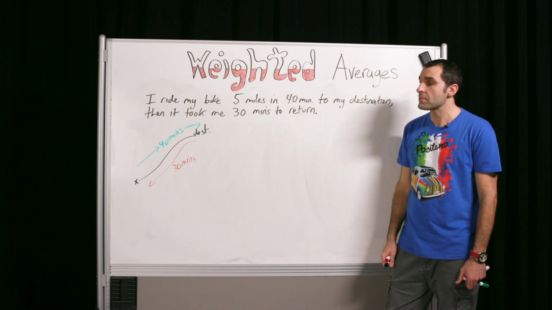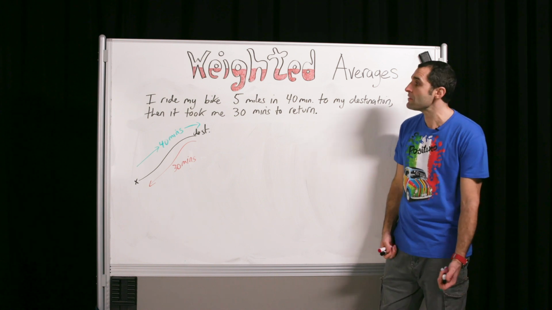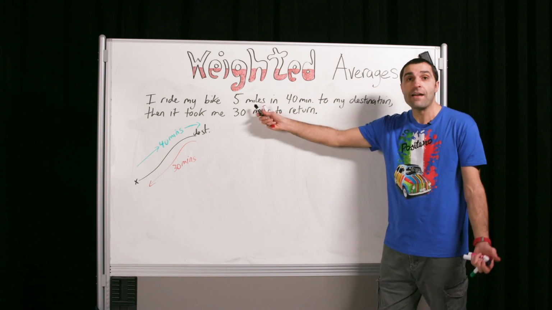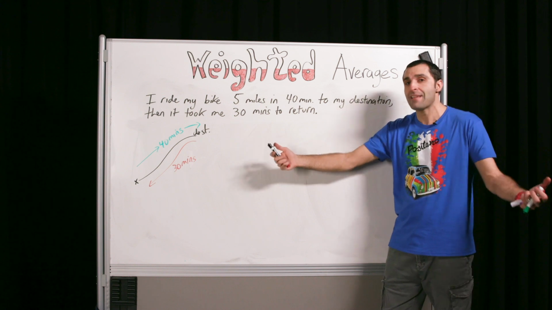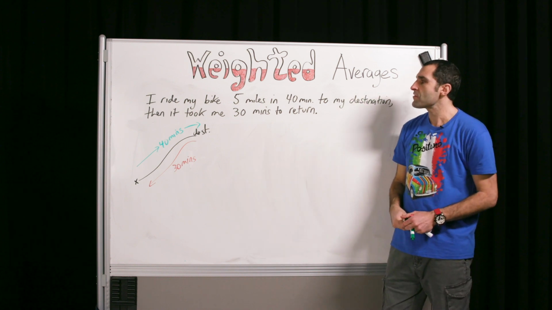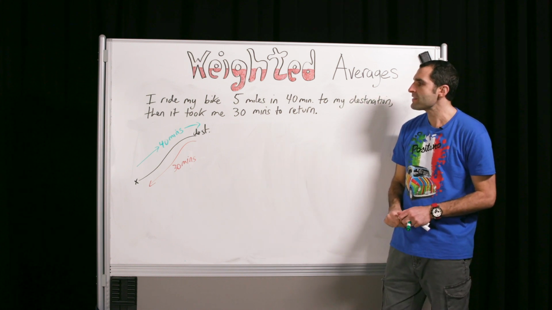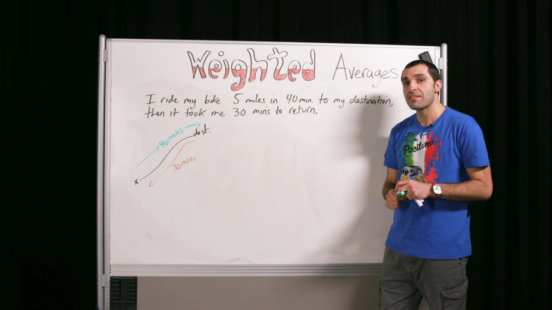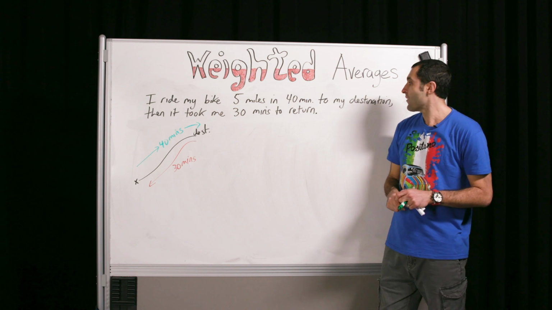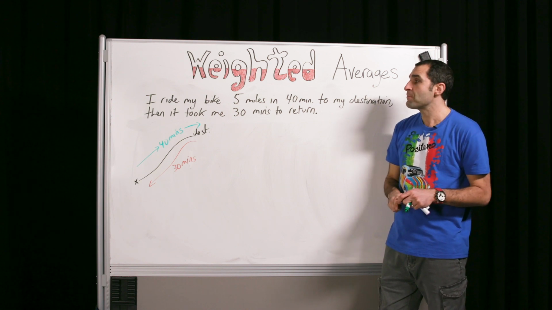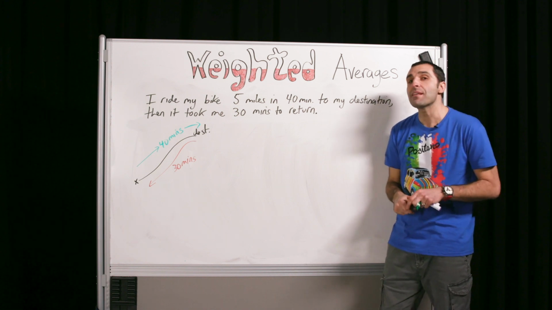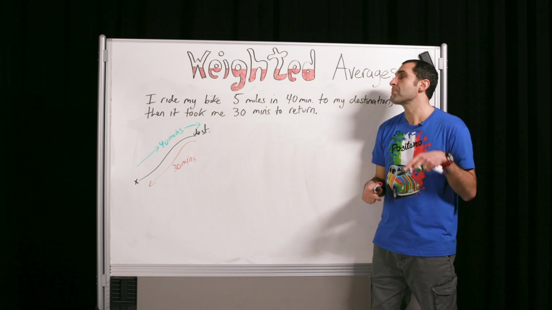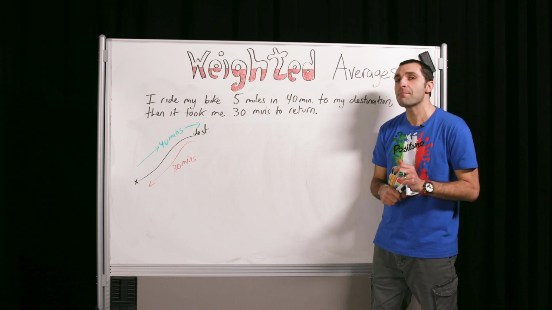Total distance traveled. I know that as well. 5 miles there, 5 miles back. That's 10 miles round trip. So what could I ask? A hint, if you don't have that question in your mind, has to do with my speed. Okay? So I could possibly calculate my speed there, and I could possibly calculate my speed back.